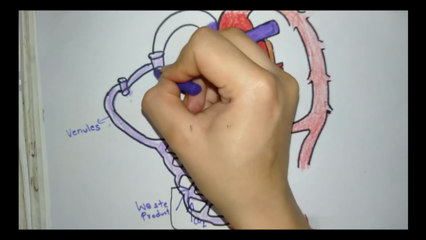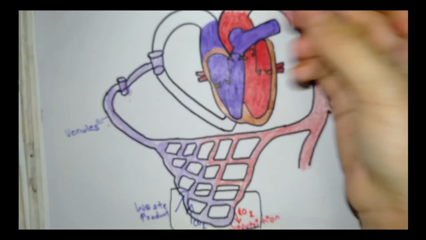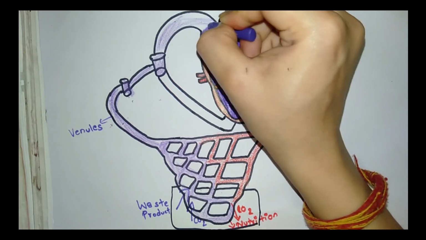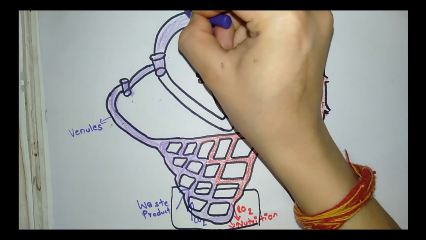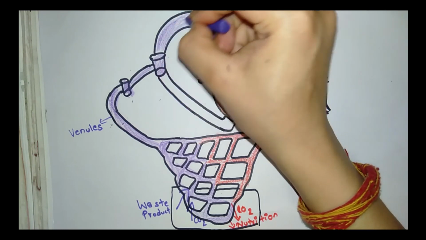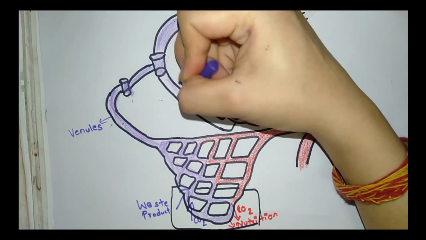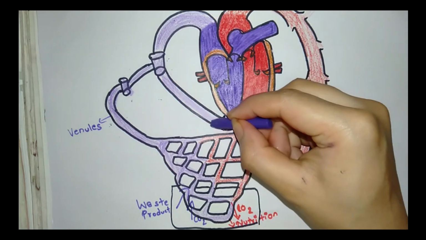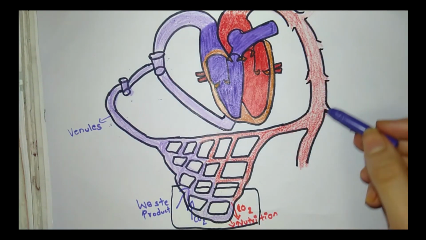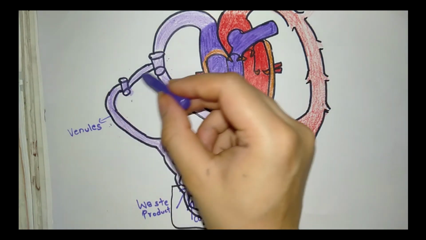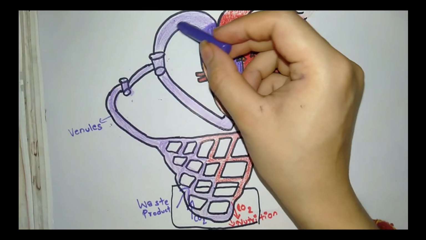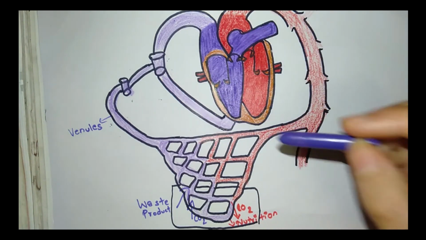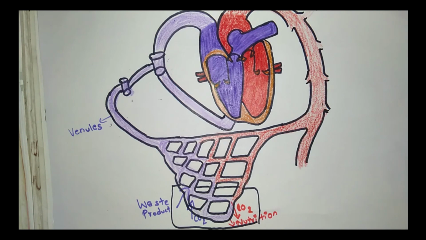From the medium-sized vein, the deoxygenated blood will drain back to the superior and the inferior vena cava. So the circulation from the left side of the heart back to the right side of the heart, where the deoxygenated blood is drained to the superior and the inferior vena cava, is known as the systemic circulation.